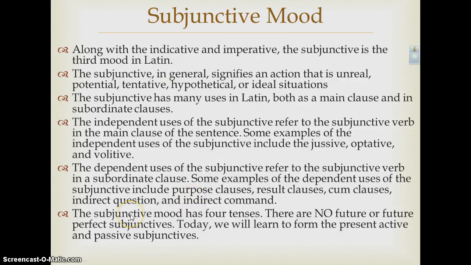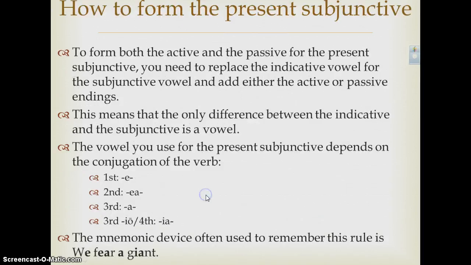The subjunctive only has 4 tenses because there are no future or future perfect subjunctives. So you only have the present, imperfect, perfect, and pluperfect subjunctives, and today we're only learning one of those tenses: how to form the present active and passive subjunctive.